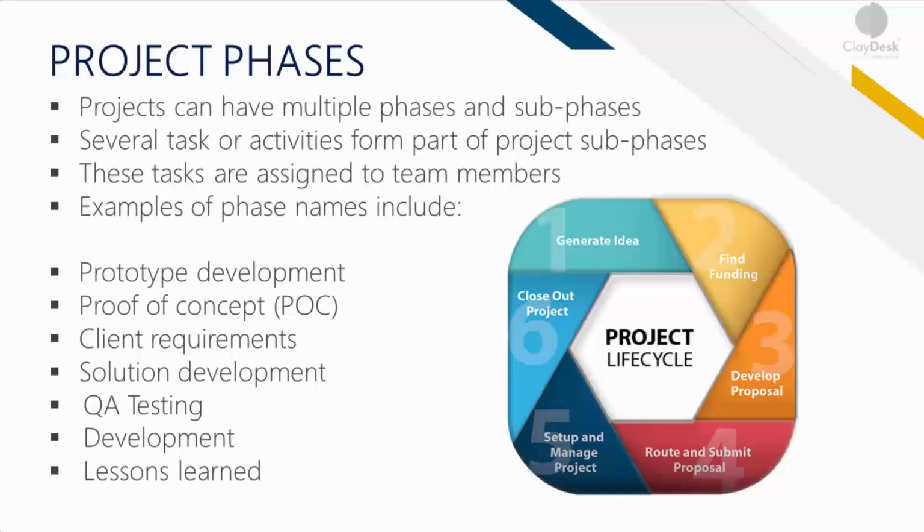Once again, these are just subcomponents of each of those phases. So for instance, the initiation phase could contain 2 or 3 subcomponents. Then the planning phase could also contain 3 or 4 or 5 of these subcomponents, and so on. And again, these are not set in stone. You can have other subcomponents as well that relate to that particular project phase.